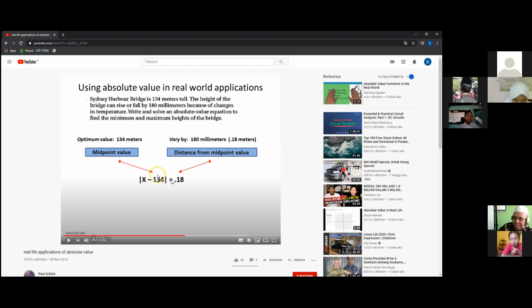I'm sure that after learning the absolute value equation, you can solve this problem easily.